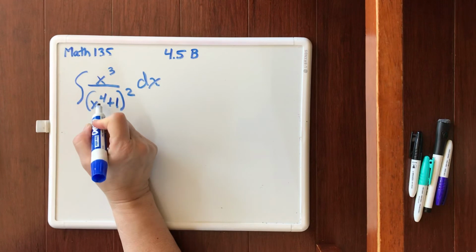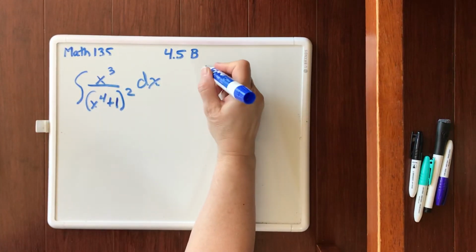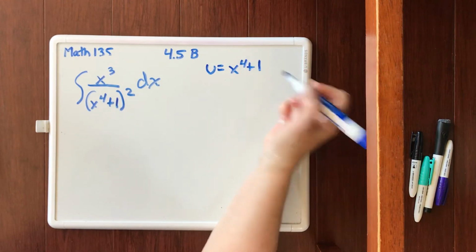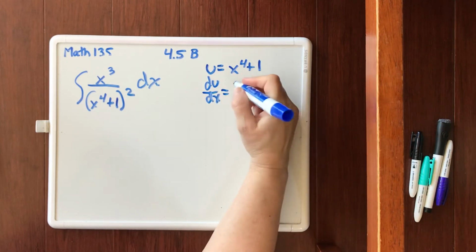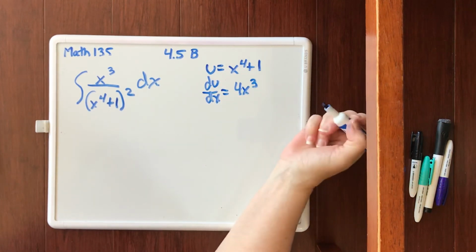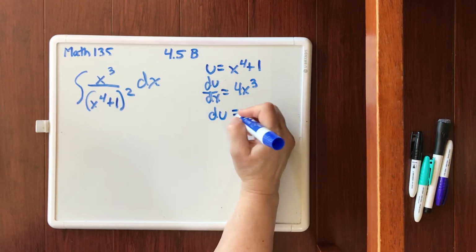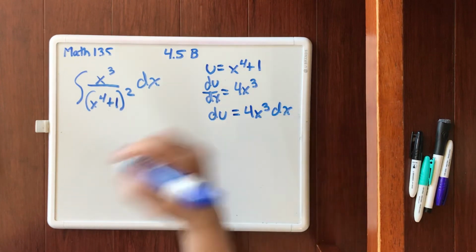Correct. We want our u to be this because when we take the derivative, we're going to get that. Very good. So u equals x to the 4th plus 1. Du dx equals 4x cubed. So multiply both sides by dx. Du equals 4x cubed dx.